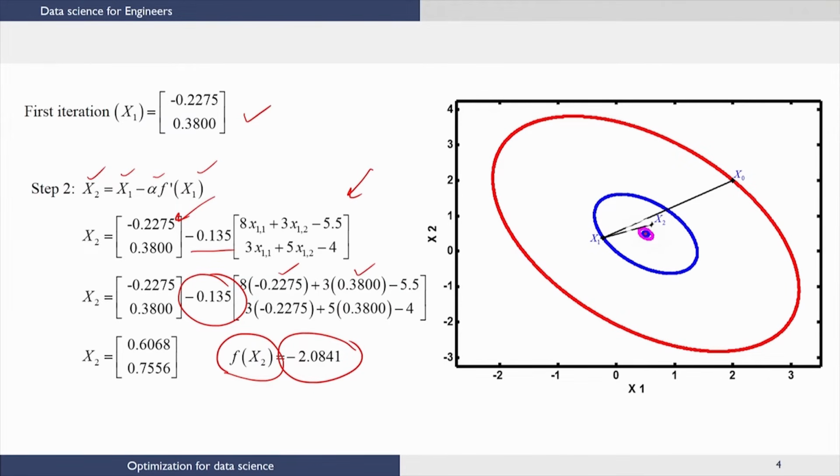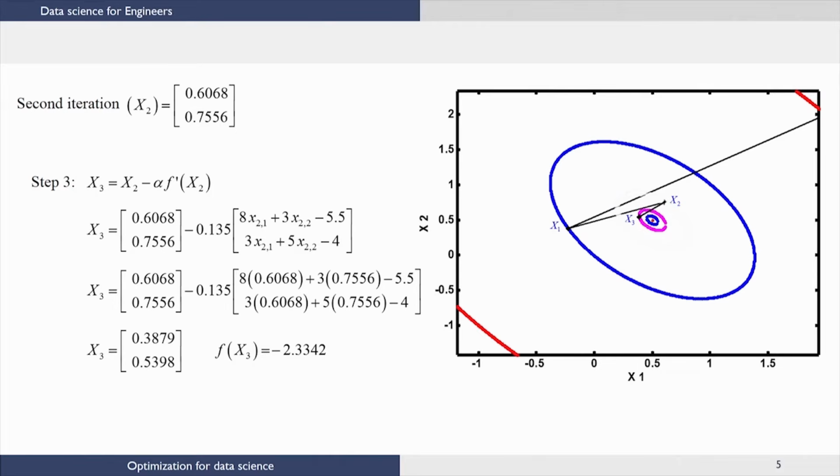In fact, the objective function has become negative. So, this new point is shown here as x 2. Now, again much like how we discussed the previous iteration in the last slide, in this iteration if you were to take the function f of x and set it equal to minus 2.0841, that would again be an elliptical contour, and that contour is described by this green contour.